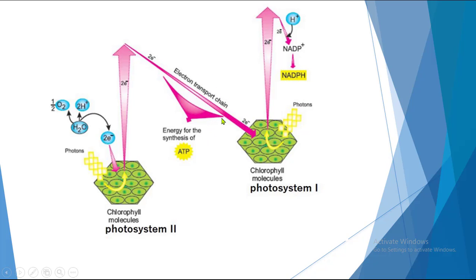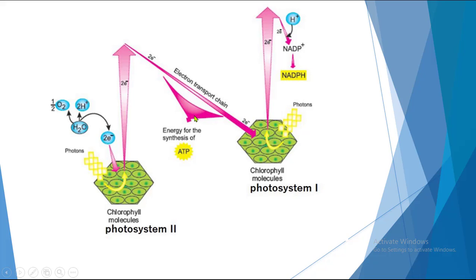So when the hydrogen ions move into the thylakoid lumen, there is a concentration gradient, meaning the concentration of hydrogen ions is greater in the lumen as compared to the stroma. Due to that, an enzyme is activated which is known as ATP synthase. That ATP synthase pumps these hydrogen ions again out of the thylakoid into the stroma. During that pumping of hydrogen ions, ATP is synthesized.